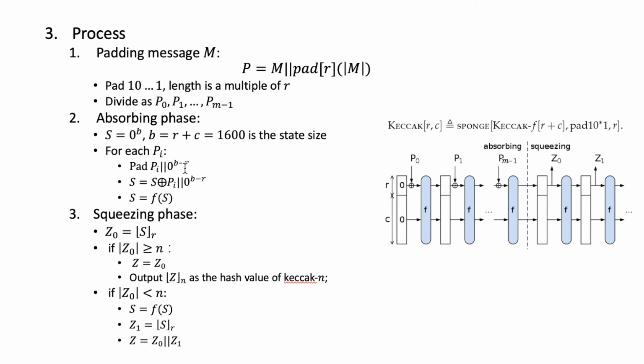That's 1600 bits. Then we XOR this message with the state S, and we get the new state S, and then we pass it to the permutation function f and get the result as the state S for the next block.